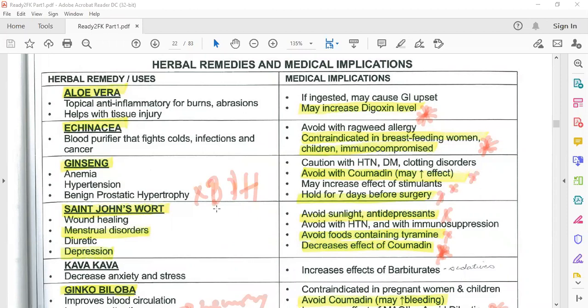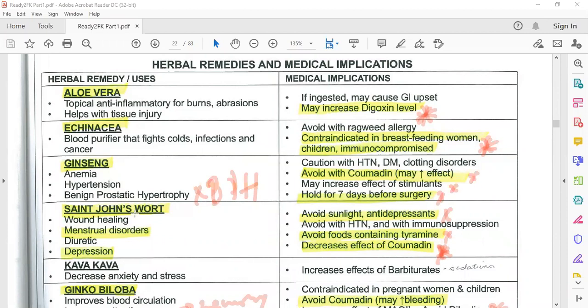So again, if your patient takes St. John's wort, tell them not to take a blood thinner like coumadin, because St. John's wort decreases the effect of coumadin, and St. John's wort increases photosensitivity.